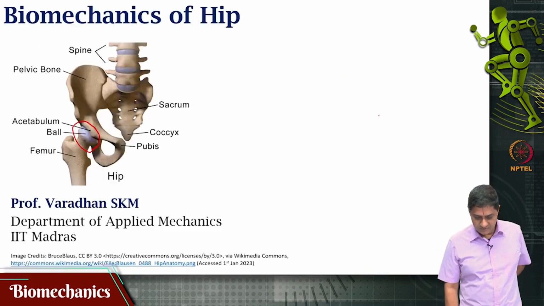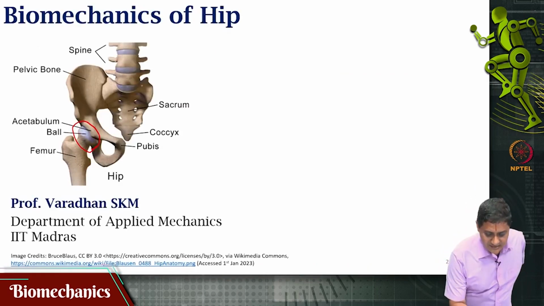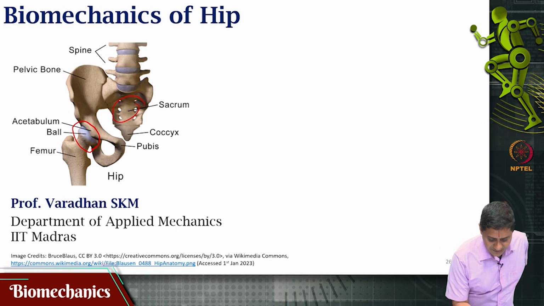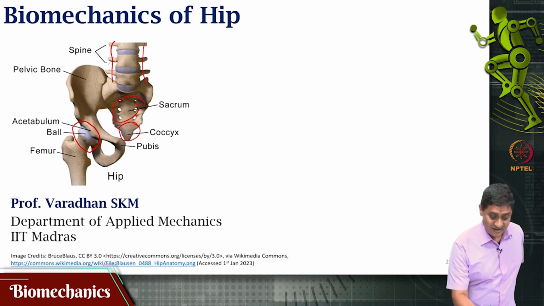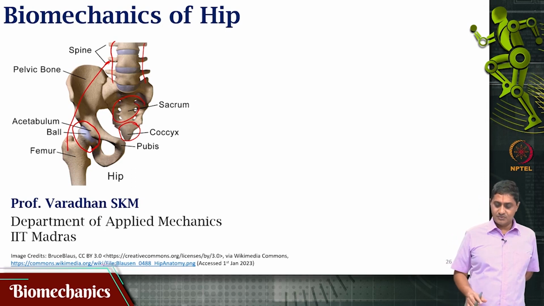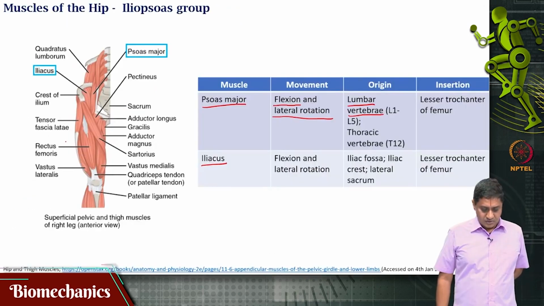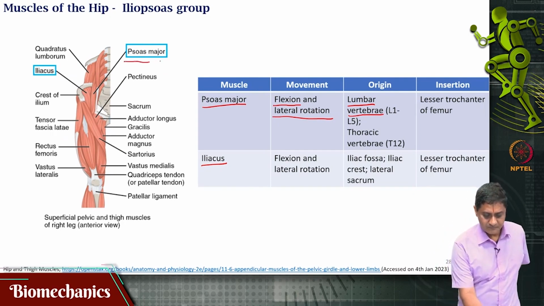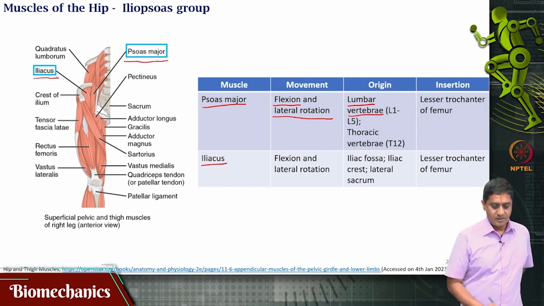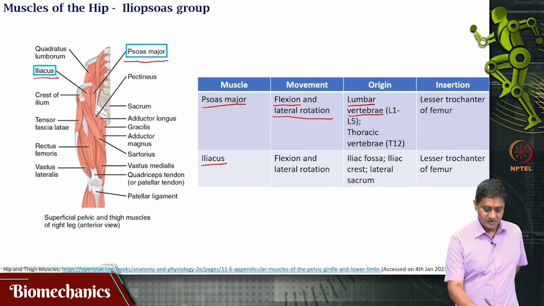If we go back to the hip, this is the sacrum and this is the tailbone, that is the coccyx, and this is the lumbar spine. This is where the muscles originate and this is where they attach. So, in the anterior view, the psoas major and iliacus are present.